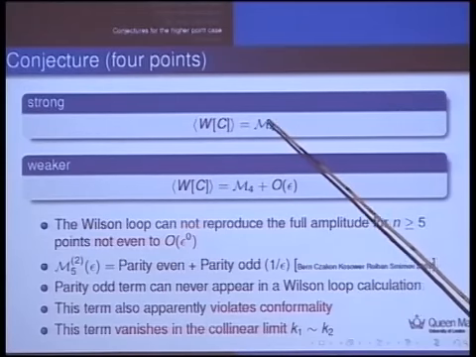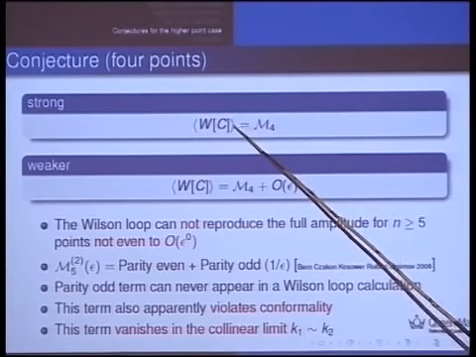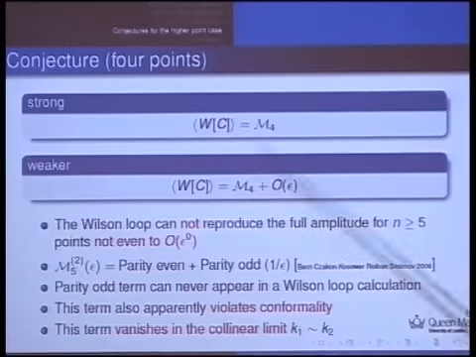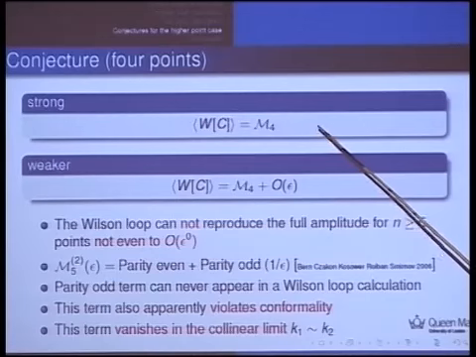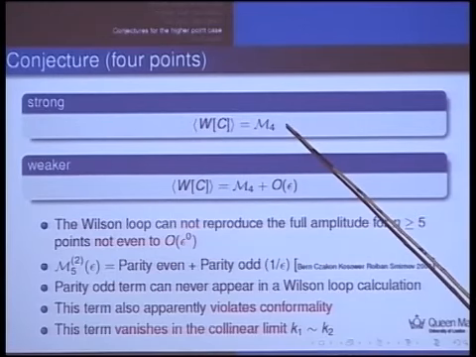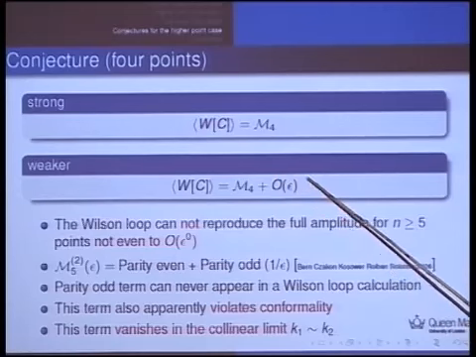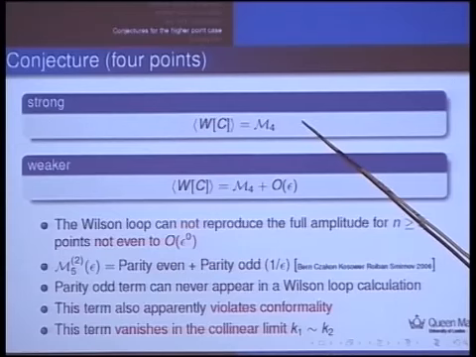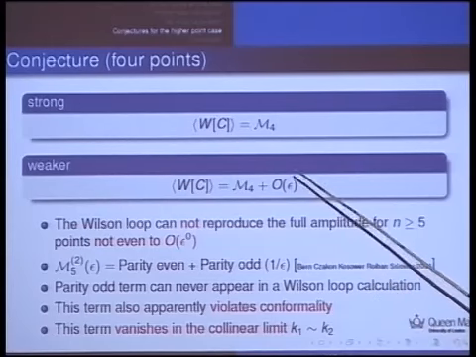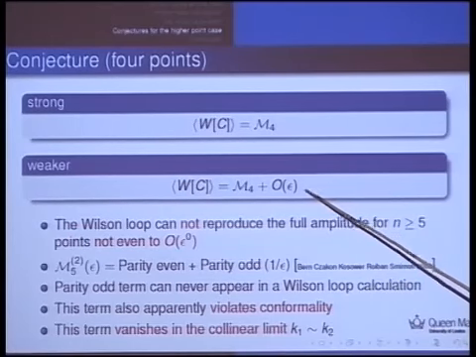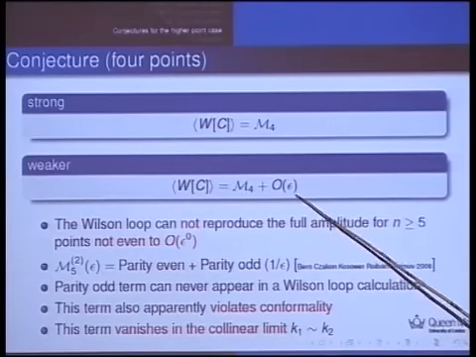So far we only have the one loop result, and we see that this equality holds at 1 loop. At 2 loops, we only know it to order epsilon to the 0. We don't know the answer to all orders in epsilon, so that remains to be shown at 2 loops. Nevertheless, a weaker statement might be that they're only equal up to order epsilon.